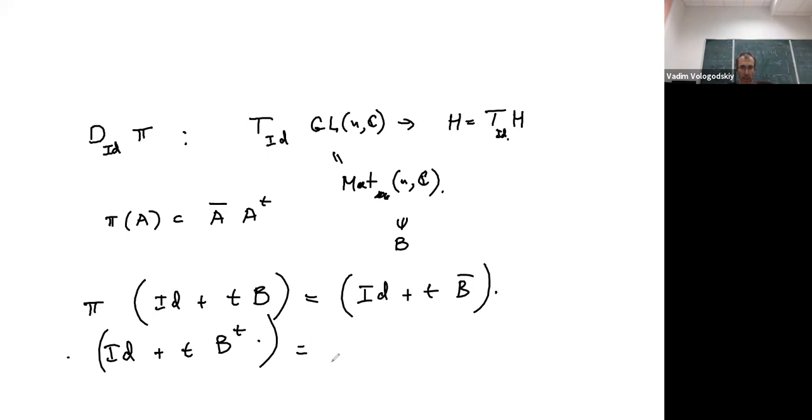So what this gives me is identity plus t times B plus B bar plus B transpose, plus t squared B bar B transpose.